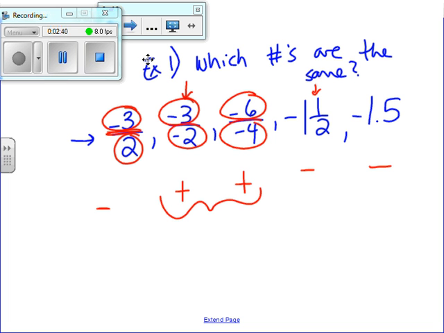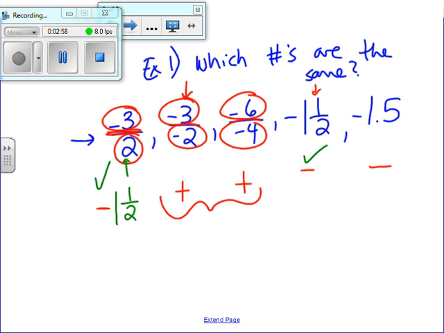So negative 3 over 2, I could quickly convert that back into a mixed number. How many times does 2 fit into 3? 1 whole time, and then there's 1 out of 2 left. So right off the bat, I know it's the same as this guy over here. These two.